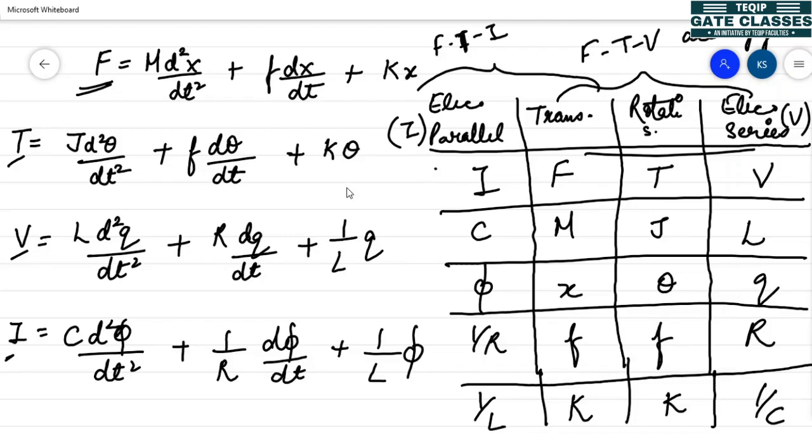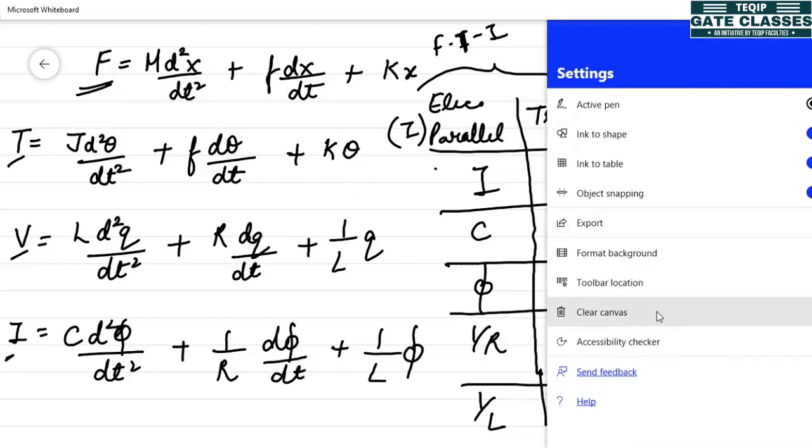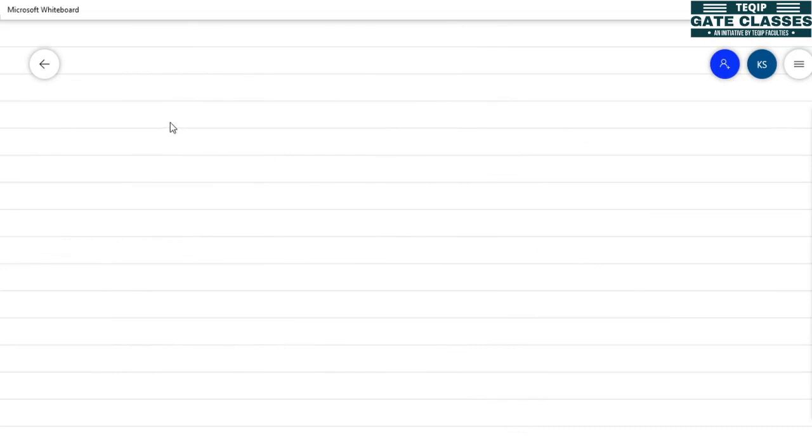Now let us take an example of a complex mechanical system to find the mathematical model of the system. So this is a reference.